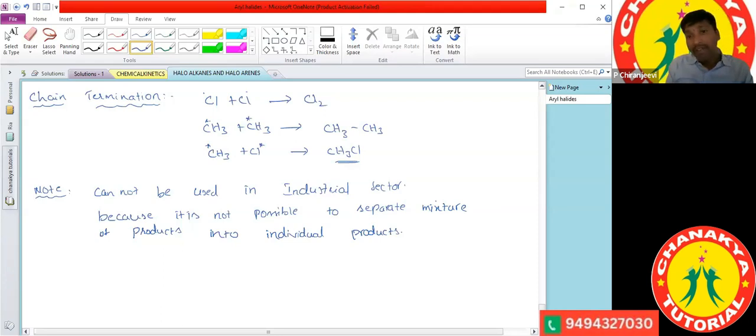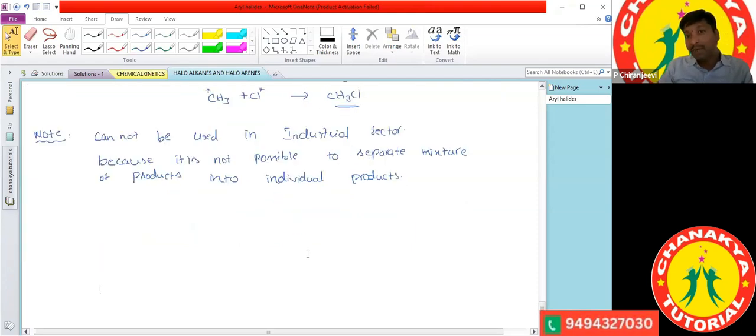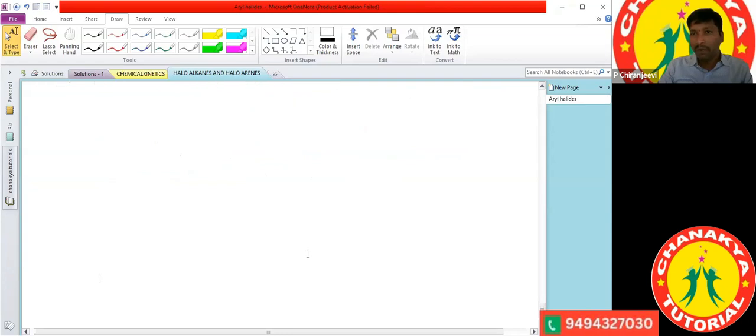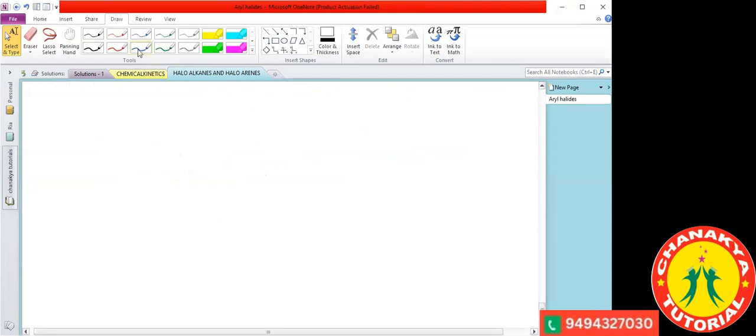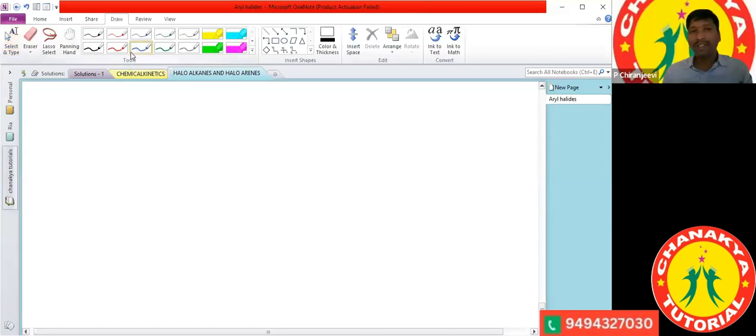In the second method, we are studying preparation from alkenes. From alkenes we can also prepare haloalkanes. You know that one? Yes sir, addition of hydrogen halides and addition of halogens. Very good, Aditi. Addition of hydrogen halides to alkenes.